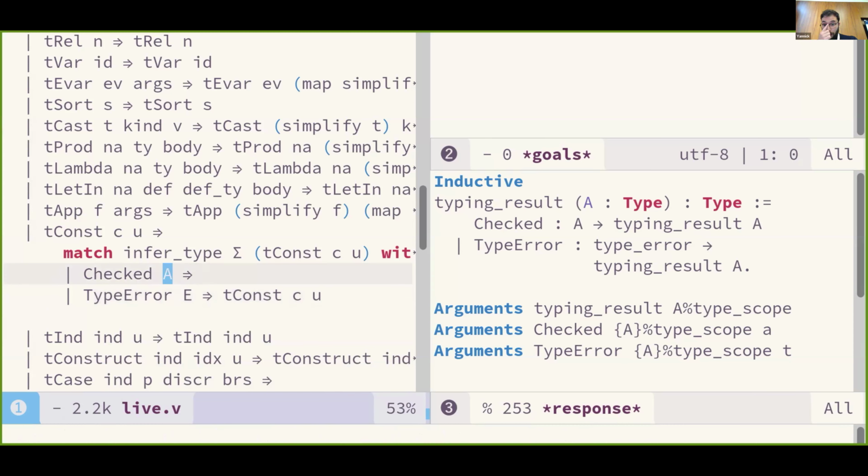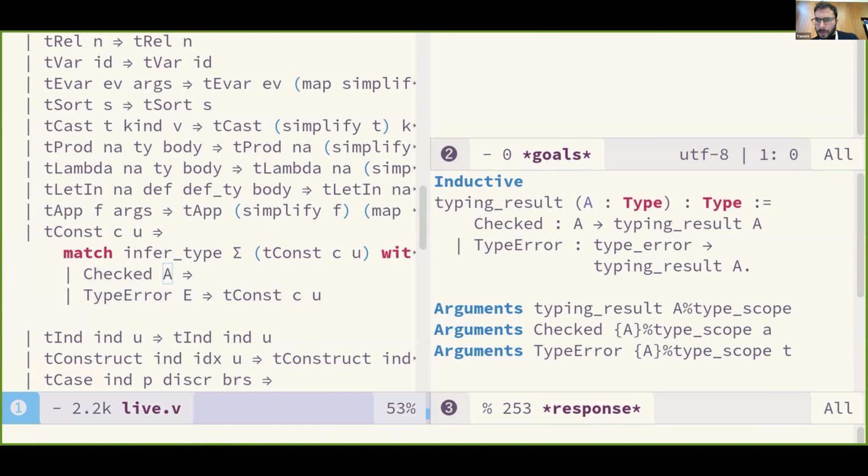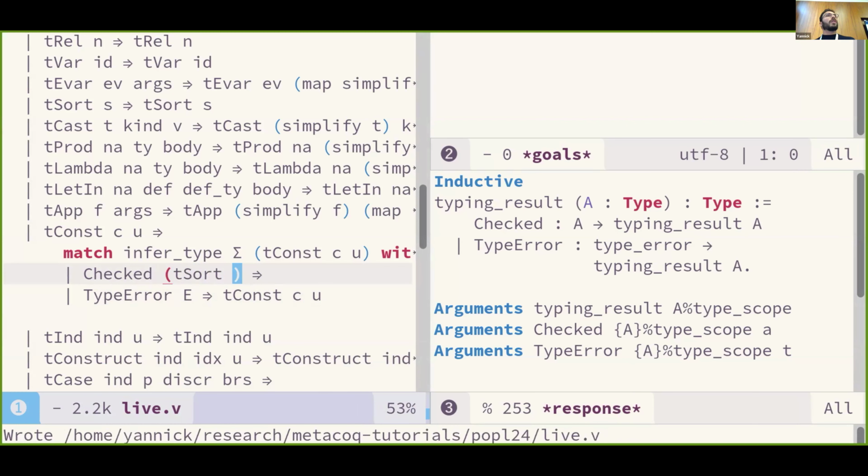And now I think there are two cases, namely, wait, let me see what infer type is doing. It is doing exactly what we would like, yes. If the type that comes back is, for instance, a sort, then that is what comes back.